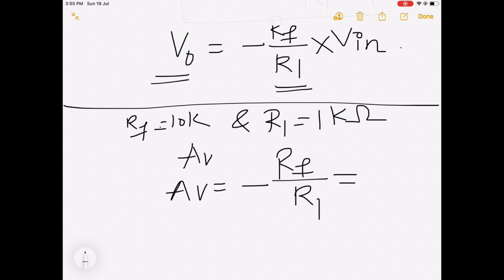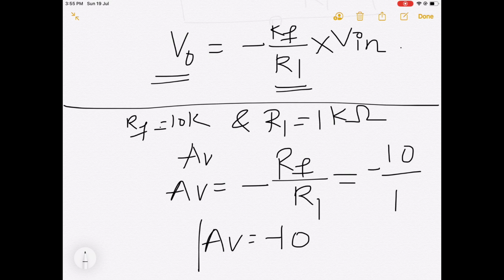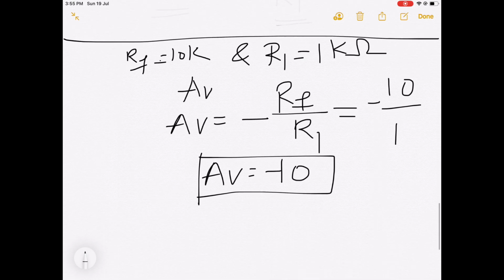So RF upon R1 means minus 10 upon 1. So your AV is equal to minus 10. This is the closed loop gain of your inverting amplifier. As gain cannot be negative, that is why here your AV is written as 10. Okay. The negative sign indicates the inverting mode, or a 180-degree phase shift obtained at the output with respect to the input.